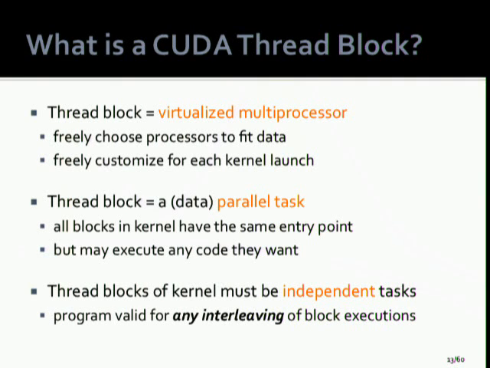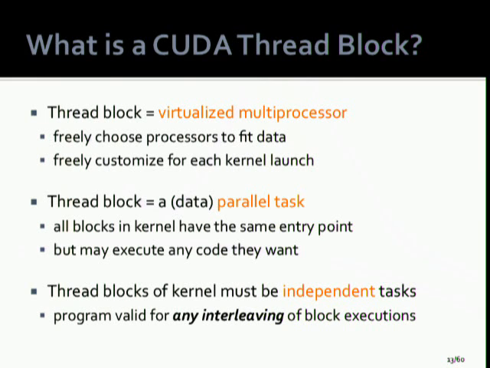So it's virtualized in the sense that you can decide, well, my data has 1 million elements, and I'm going to group my data into groups of 256 elements and run a thread per element. And so in this function invocation, I'm going to pretend as if I had 1 million over 256 cores that I'm going to launch these thread blocks onto, as opposed to the opposite, which is kind of the traditional way that people program multi-core systems, where the first thing you do is take the number of data and divide it by the number of cores that you want to map it onto.